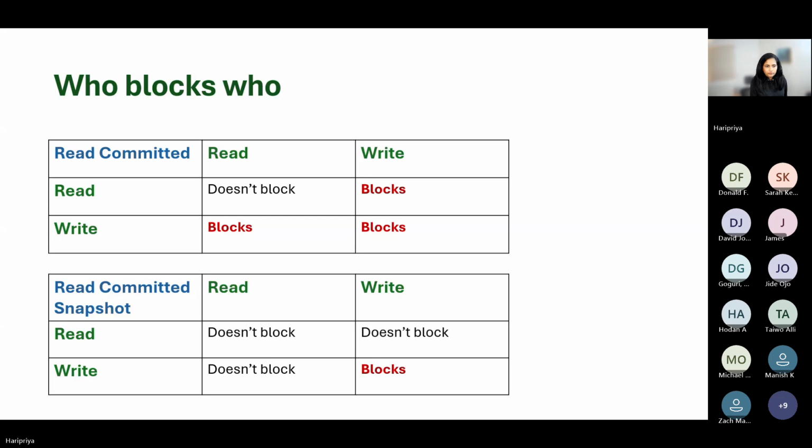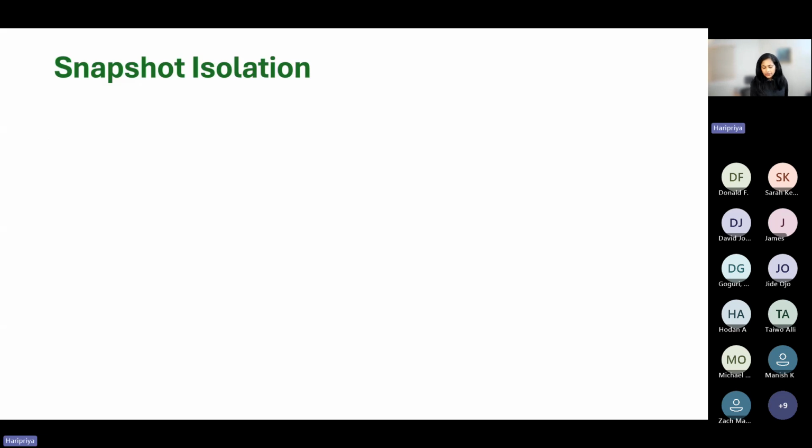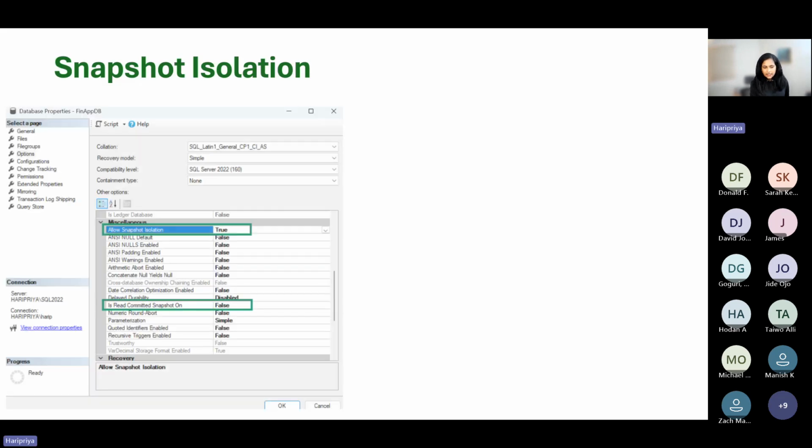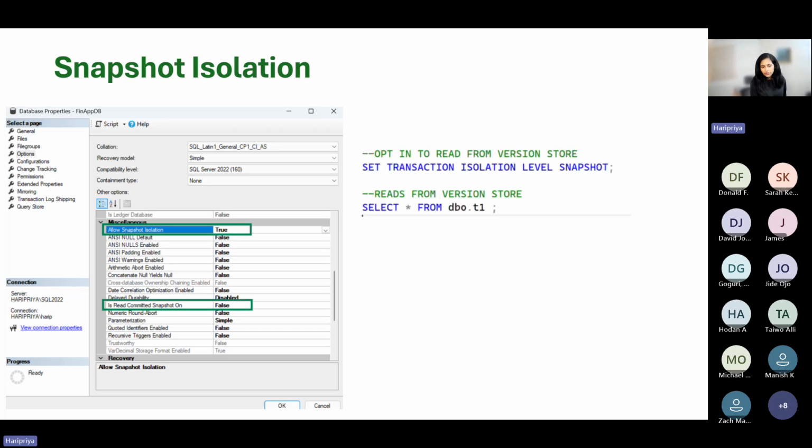Right. So what is snapshot isolation? Now that we discussed RCSI, snapshot isolation is also something that comes up. So I just want to quickly show you what that means. All you enable here is allow snapshot isolation set to true. And if you want your statement to read from the version store, then you set, at the top, SET TRANSACTION ISOLATION LEVEL SNAPSHOT.